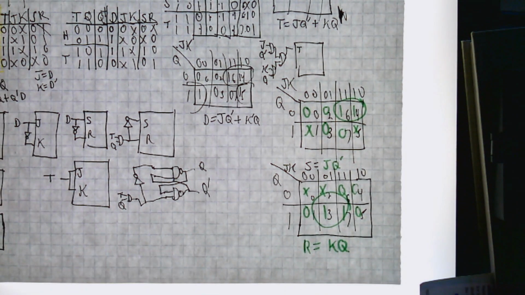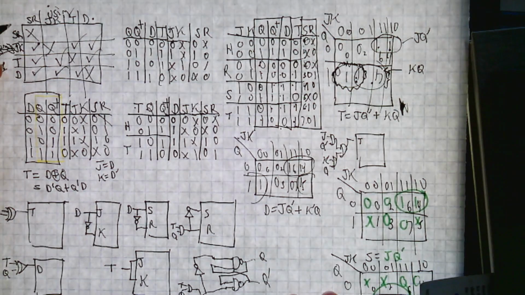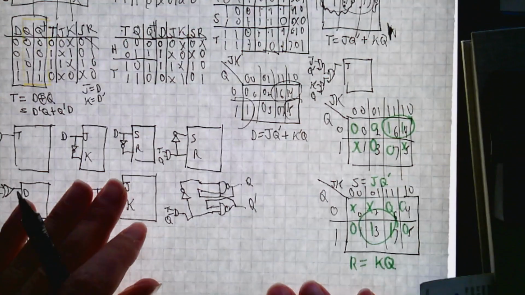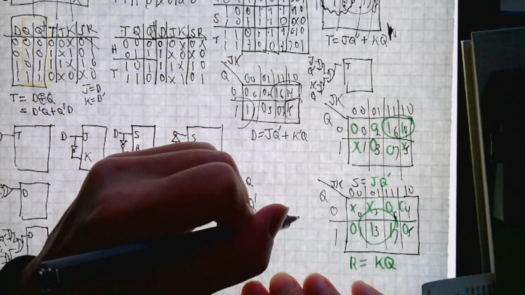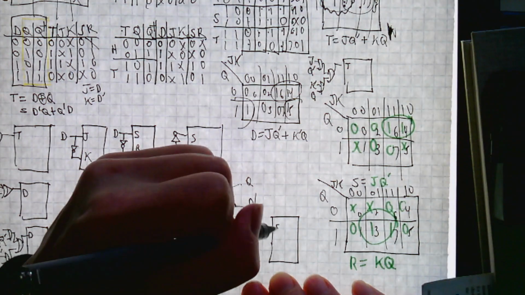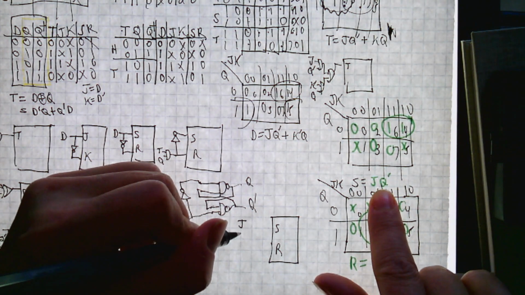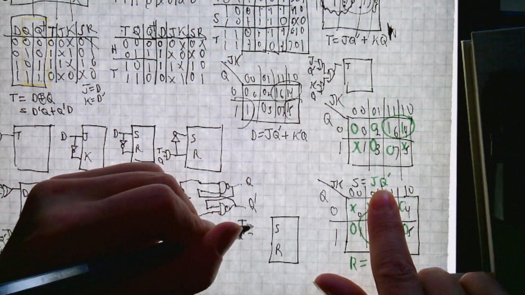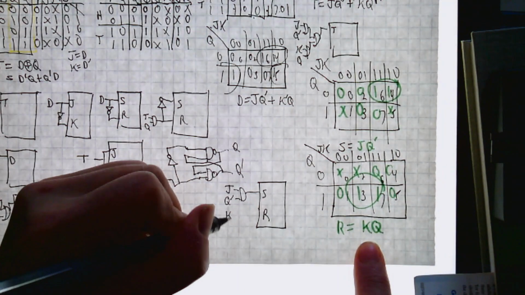And now my implementation of JK using SR, that little square down in here, is J Q prime, K Q.